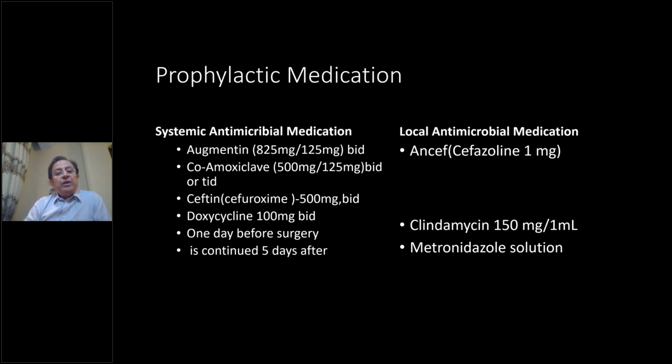We must give prophylactic medication for open sinus graft to all patients, because the sinus is susceptible to infection. In patients with or without a history of sinusitis, we must have antibiotic coverage before surgery. The choice of antibiotic is Augmentin or co-amoxiclav, which are the same with different doses, BID or TID based on the patient history.